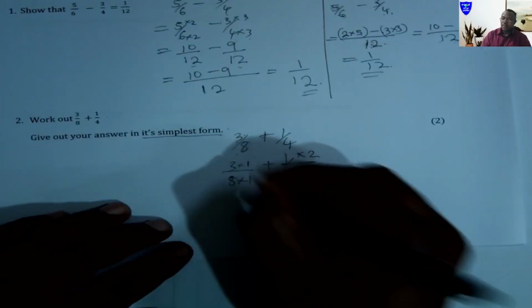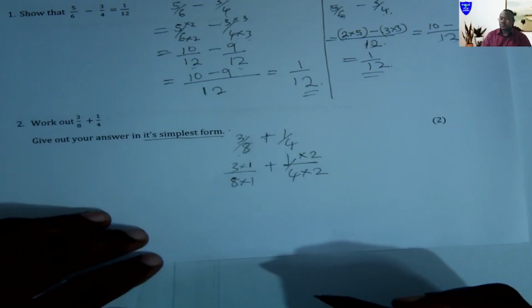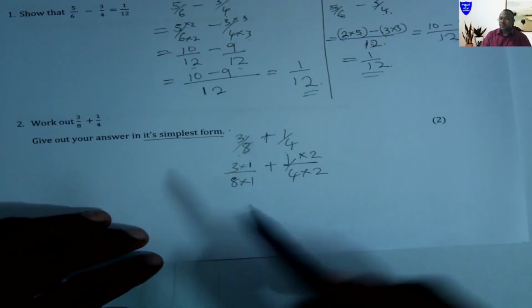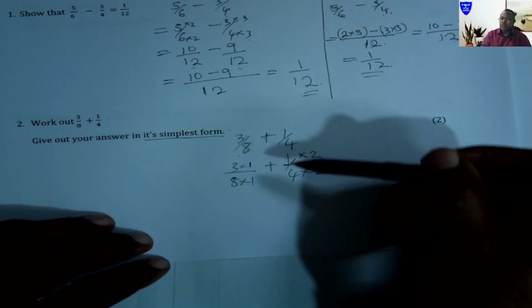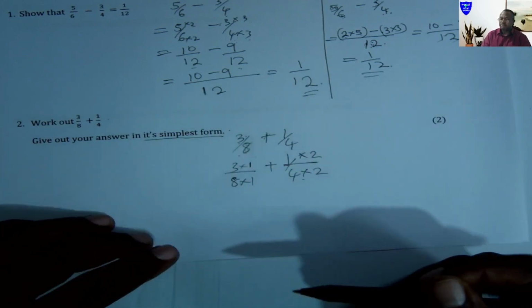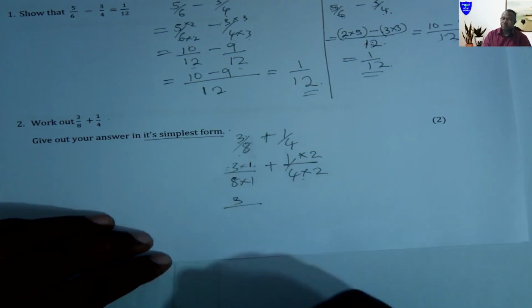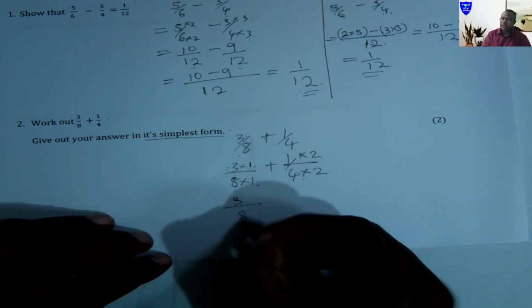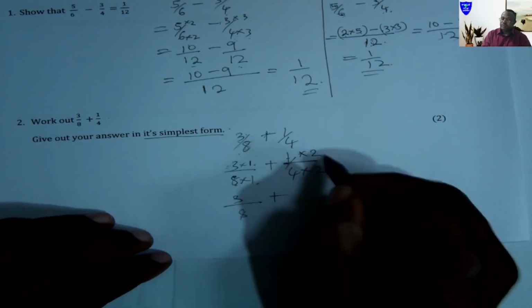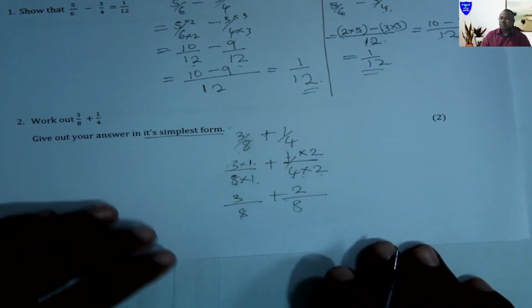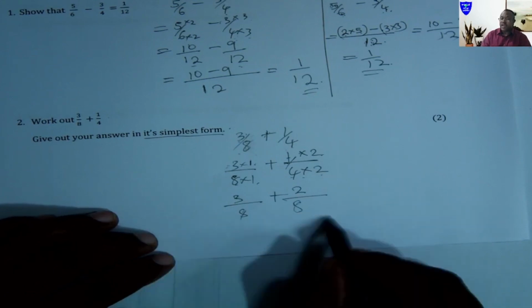Okay, the aim is to get the same denominators. Now remember what I said earlier, whatever you do to the numerator, you do the same to the denominator. Now this 3 times 1 is simply 3, a line. 8 times 1 is simply 8, plus, then 1 times 2 is simply 2, then 4 times 2 will give me 8. Now we've got the same denominators there, guys.